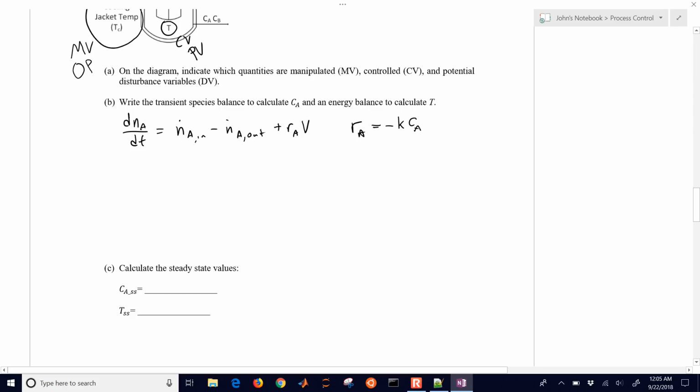It's just a first order reaction. K is not dependent on temperature. If it were, it would make it just a little bit more complicated, but you could do that one as well. Okay, so this one is going to get plugged in right here.